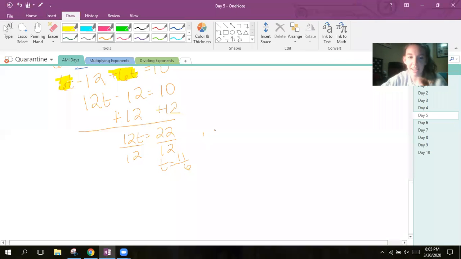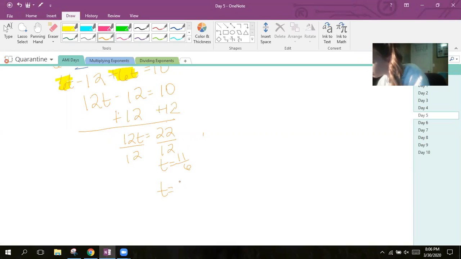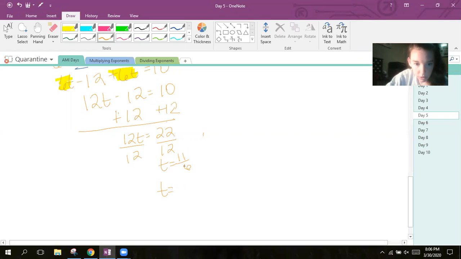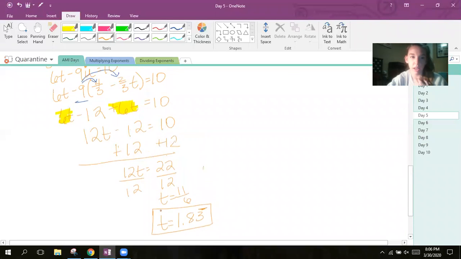Okay, yeah, so you get 11/6, or if you want to change that to a decimal, you get 1.83 repeating, okay? Now we know what t is. Now we can use that and substitute it into the equation from earlier, and we can solve for u.